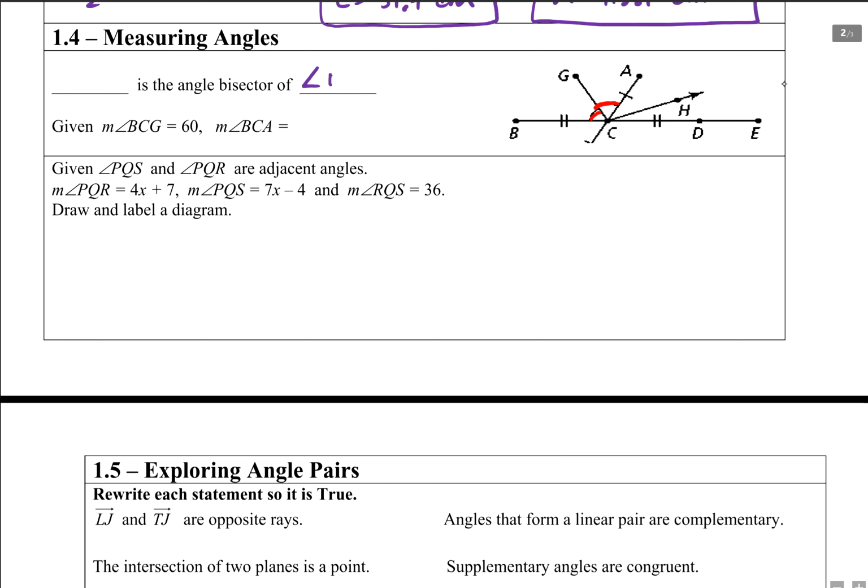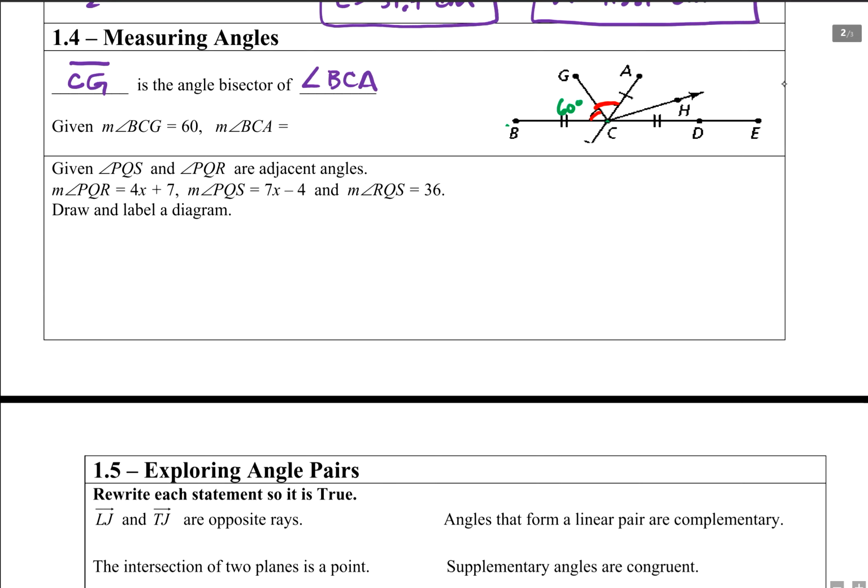And that would be who's being cut in half? Angle BCA, and who is cutting angle BCA in half? Why, that would be segment, it's got two endpoints, CG. All right, what's next? Given the measure of angle BCG, okay, BCG right there is 60 degrees.